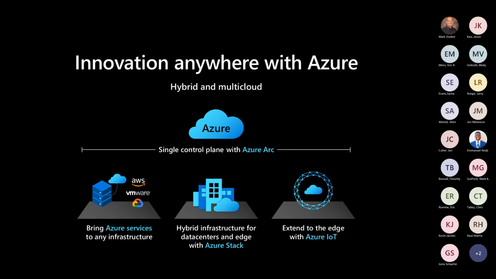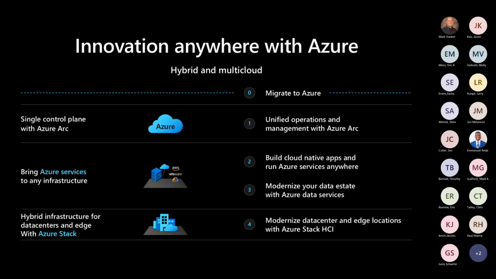And with this, we keep building on it. As you'll see in a second, how we keep building on that. We have improved by doing infrastructure on-prem through Azure Stack, if you're not familiar with that. Azure IoT is down to the edge, so we can get out there and provide that hybrid infrastructure as well as your control plane out in Azure, so that you have that unified operations and management piece.